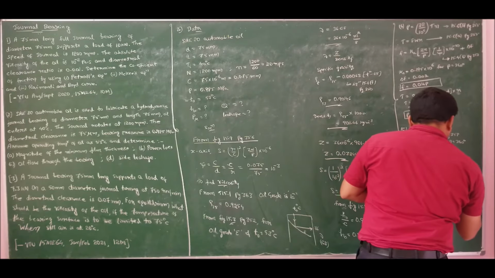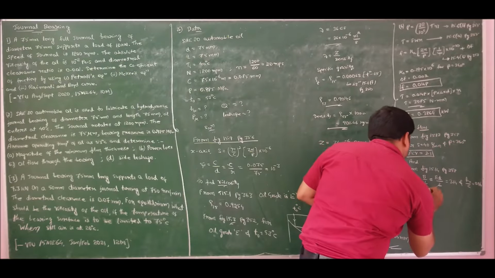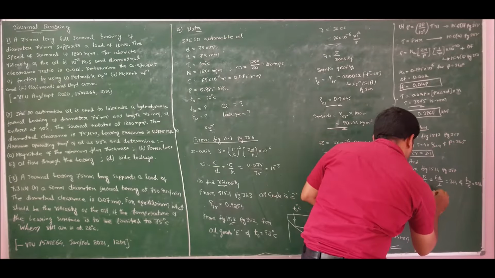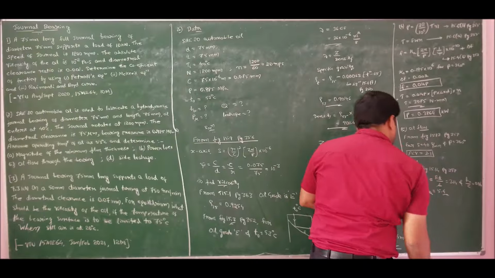We already calculated the value of H naught by C. H naught by C is 0.96, which is nearly equal to 1. So from that graph I will find that KQ is equal to 5.4.